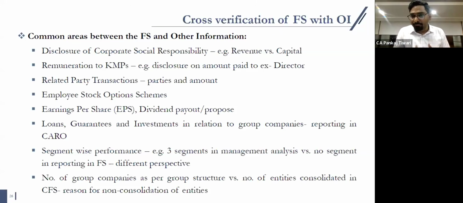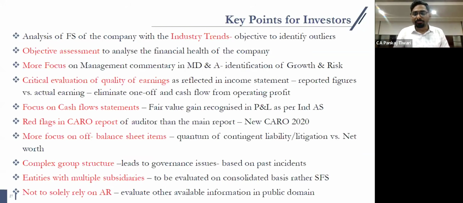Are they really your subsidiary, or have they been just acquired for a disposal in the near future? That means you could have a gain coming up in the next financial year or the next quarter itself. So that's why it is very important for an investor to evaluate how many subsidiaries there are in the group, and how many subsidiaries you have consolidated in your financial statement.